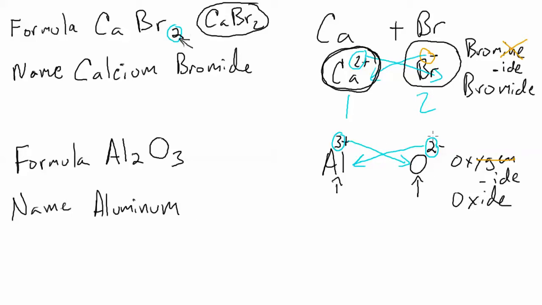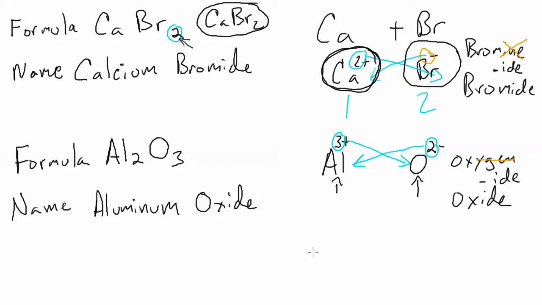So the name of this ion is oxide, so we write the name of it down next. And we see that the name of Al2O3 is aluminum oxide. So that's how you do it for basic ionic compounds. Compounds made up of just 2 different elements like this.